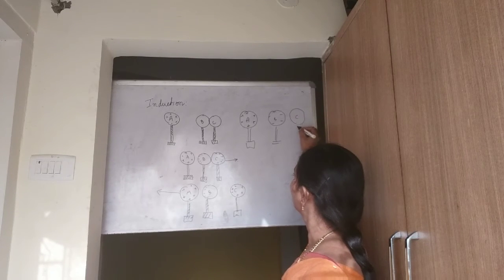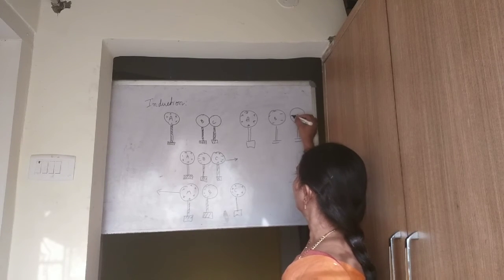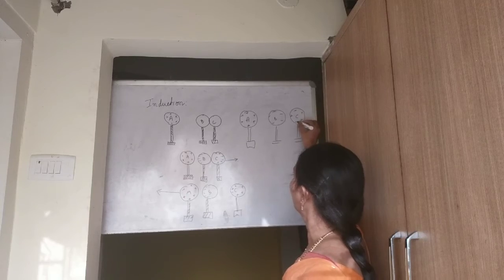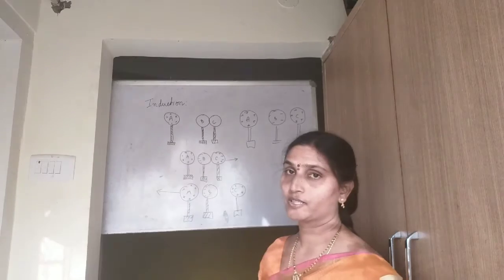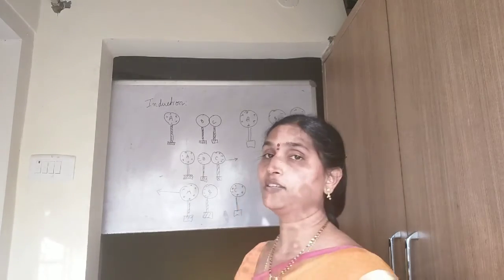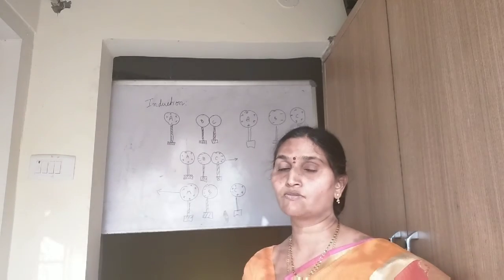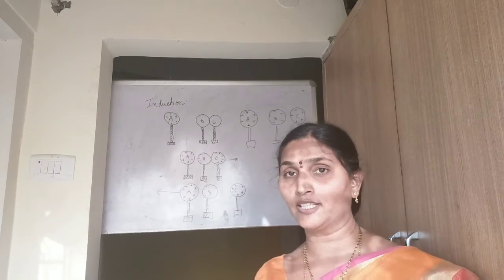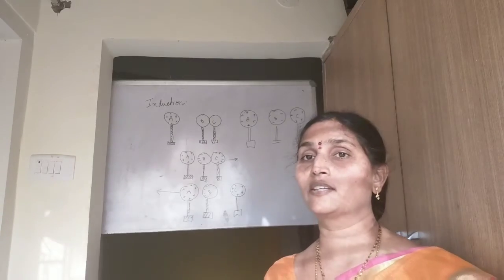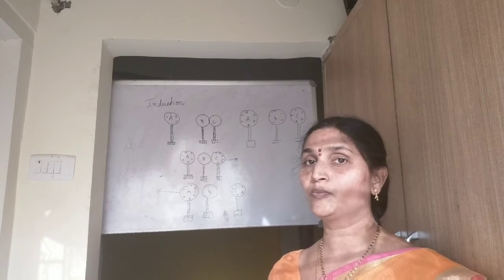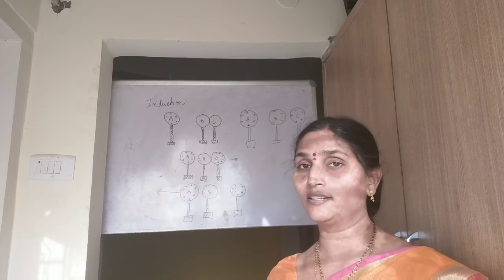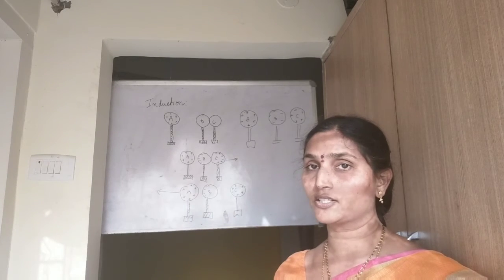And C has positive charge, which is uniformly distributed. So this method of charging we call induction, because without keeping the bodies in contact with each other, we can get them charged. So the charging of a body without touching it is called charging by induction.